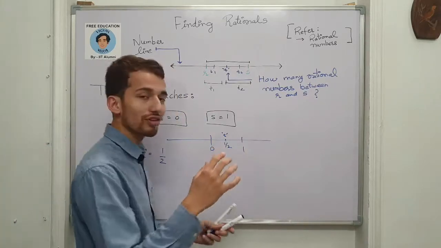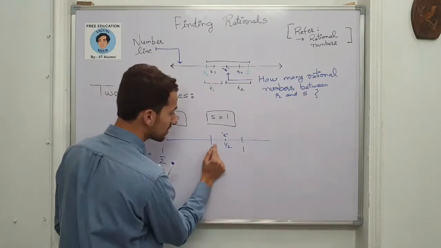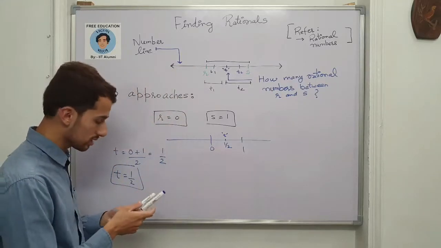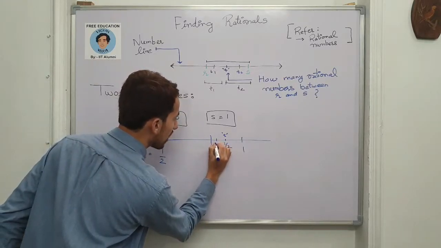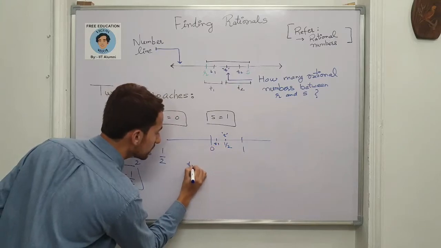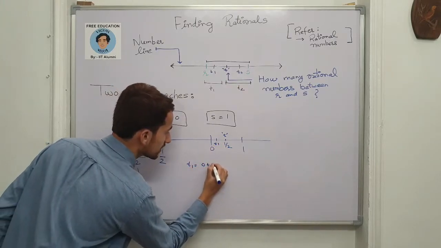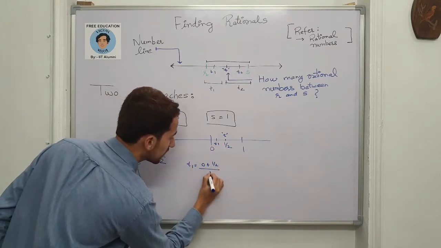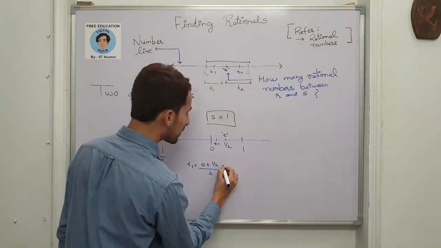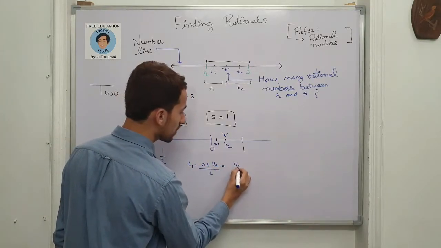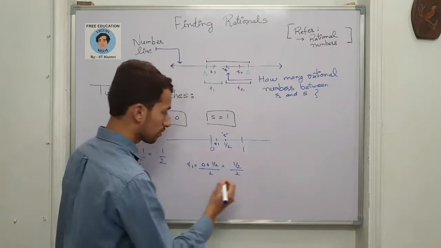So if now I want to find one more rational number which lies between 0 and half, let me call this now T1. So now T1 is given by 0 plus half by 2. If we try to solve, this is simply half divided by 2.